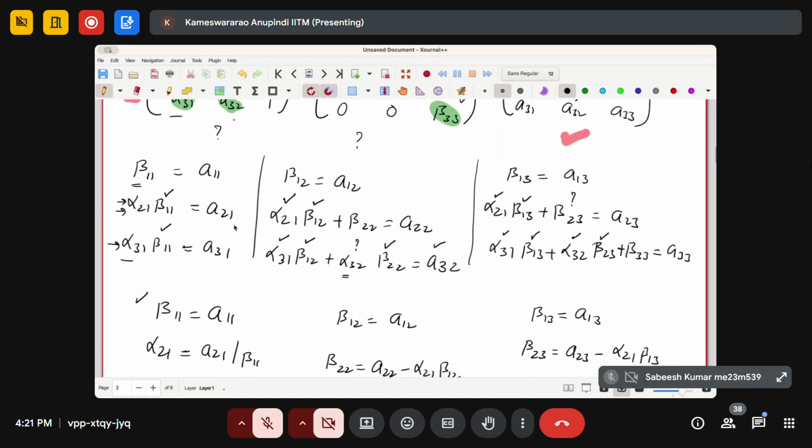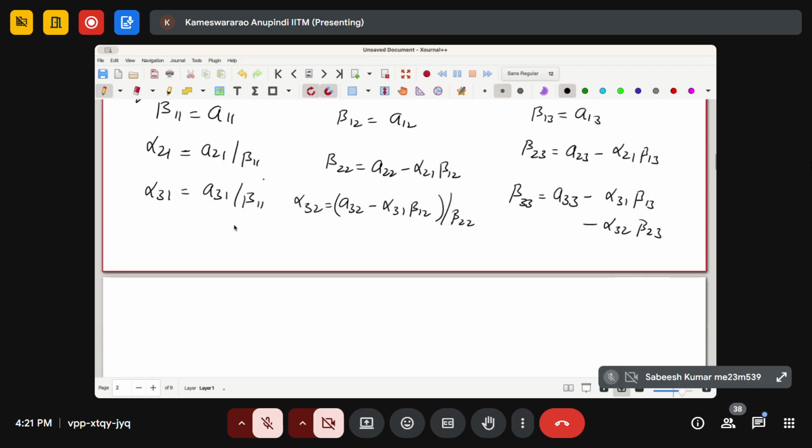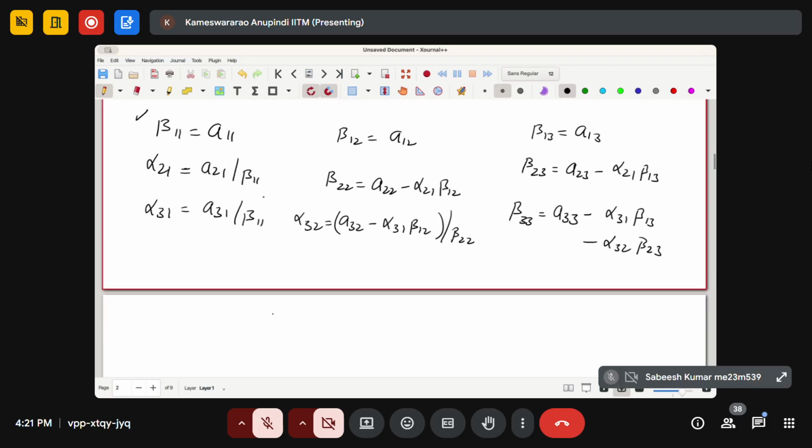Now, with that in mind, let us try to write a general expression for calculating betas. For example, if you look at beta 2,3, right? Beta 2,3 is equal to A23 minus alpha 2,1 beta 1,3, okay? That means we are subtracting the previous values, whatever is there. Similarly, for beta 3,3, there are two such subtractions.